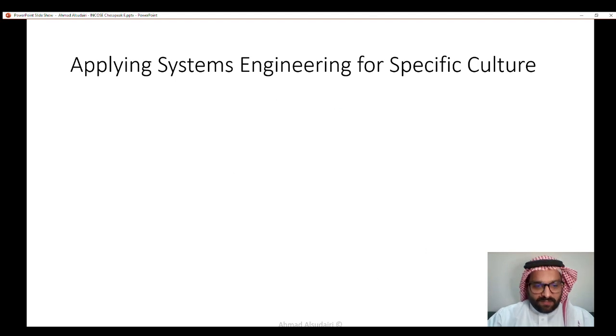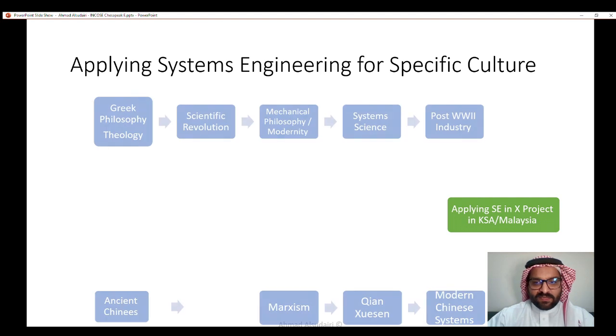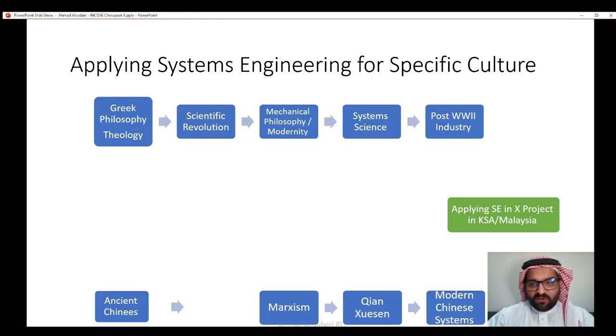So my main point now is how to apply systems engineering for different cultures. If I am talking about my own culture, which is Saudi Arabian culture, or Malaysian culture, where I'm doing my PhD, maybe we can follow the same approach of the Chinese who thought about their roots.